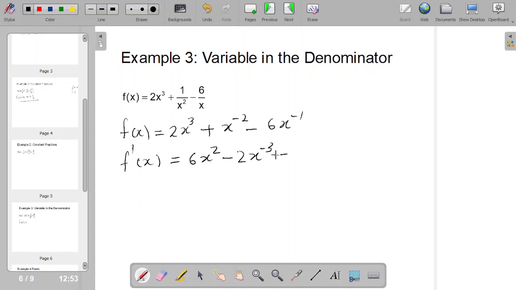Negative and negative, positive. 1 times 6 is 6. x to the power minus 2, because we have minus 1, which is minus 2.